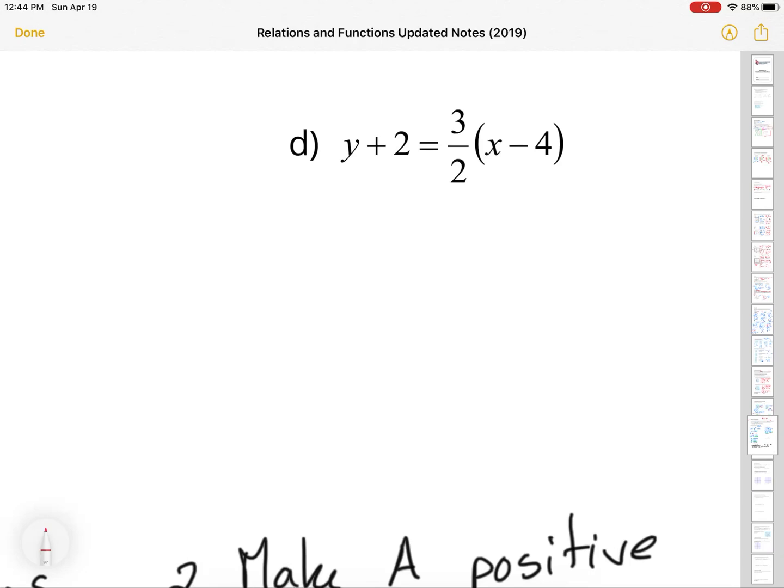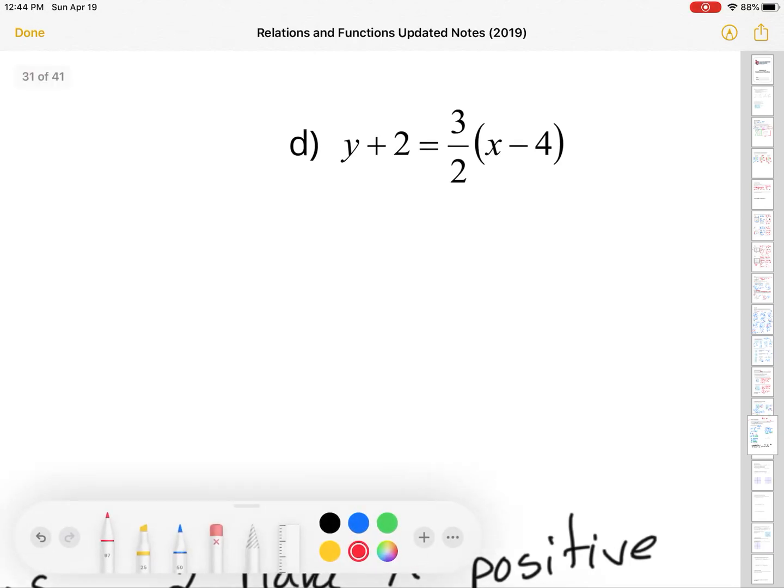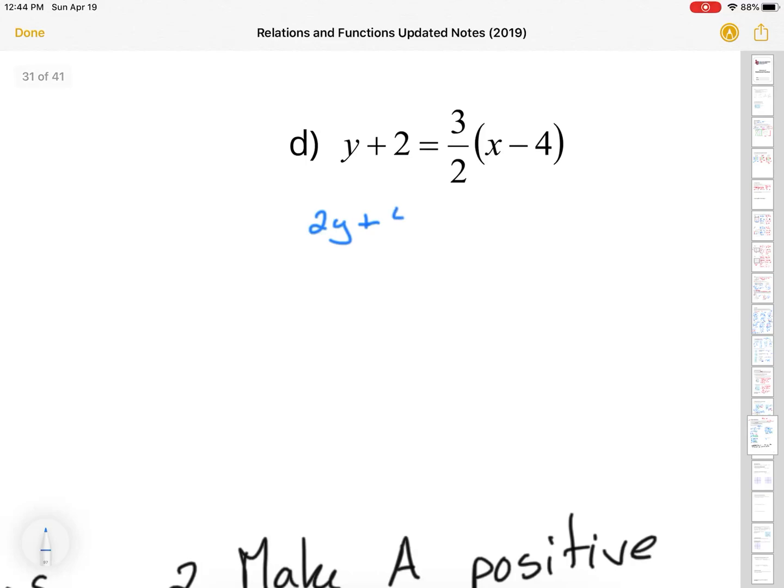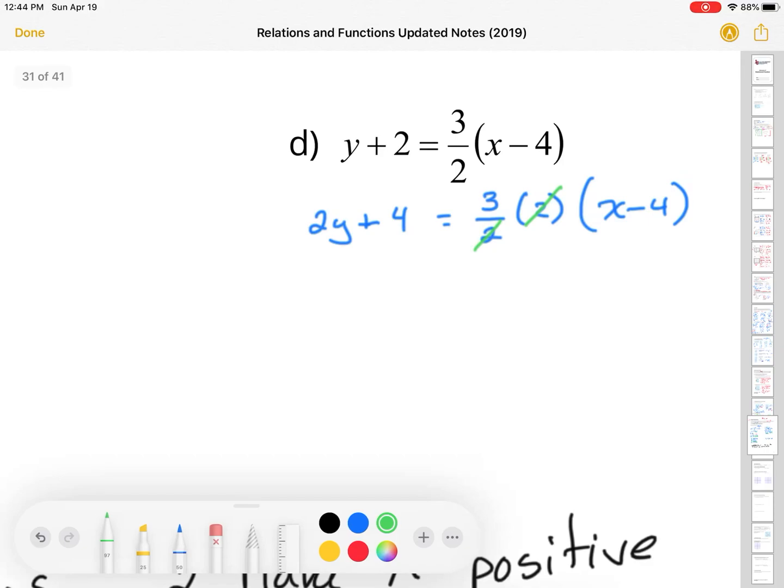First step is to get rid of the fractions. So we're going to do that. So we're going to multiply everything by 2. So I'm going to have 2y plus 4 is equal to 3 over 2 times 2x minus 4. Now I divide out these.